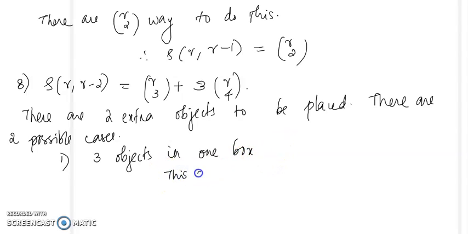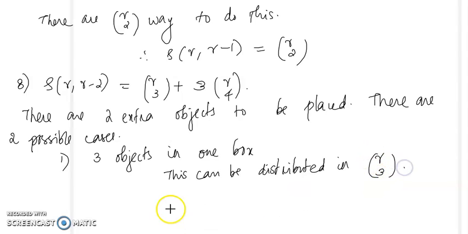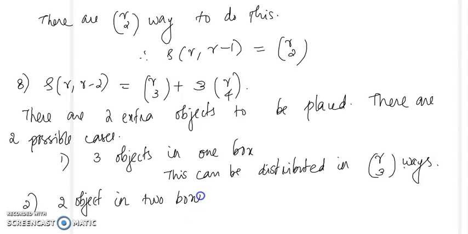As in the previous problem, placing 3 objects in one box can be done in RC3 ways. So this can be distributed in RC3 ways. Now the second is 2 objects in 2 boxes.